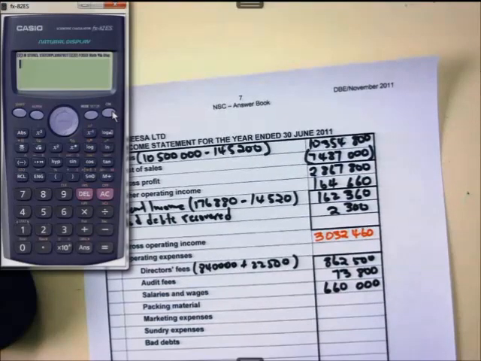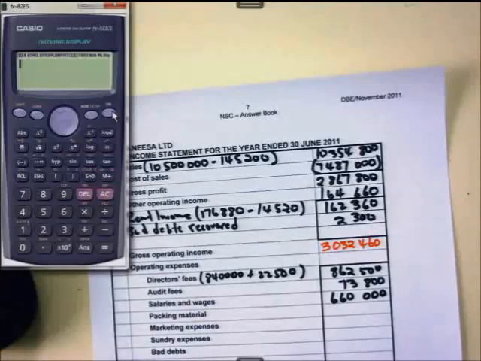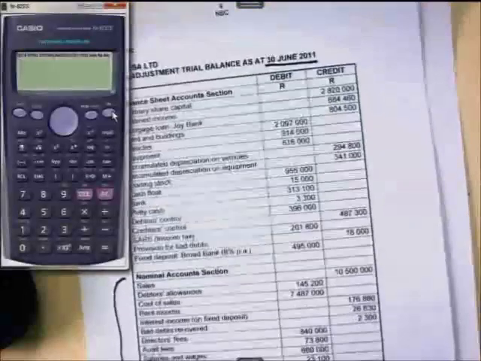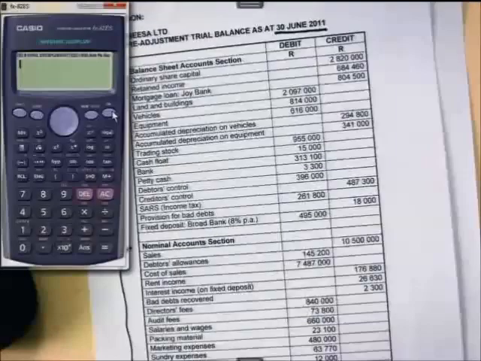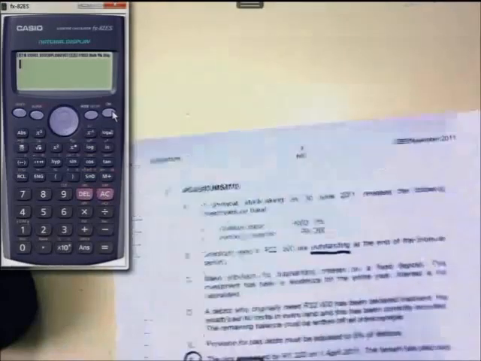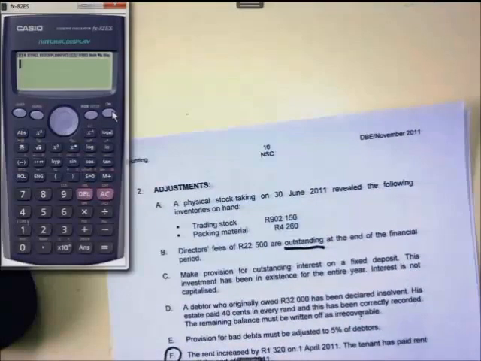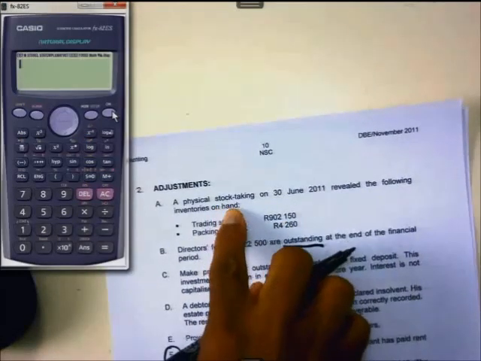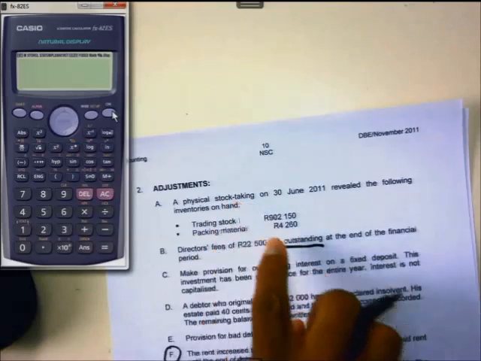And then the next one is packing material. We are given an amount of packing material there, 23,100 from the trial balance. So what do we do? We open a bracket 23,100, and then we check if we have any adjustment. We have adjustment A. A physical stock taking on 30 June 2011 revealed the following: inventories on hand 4,260 for packing material. So the packing material on hand is not part of the expense.